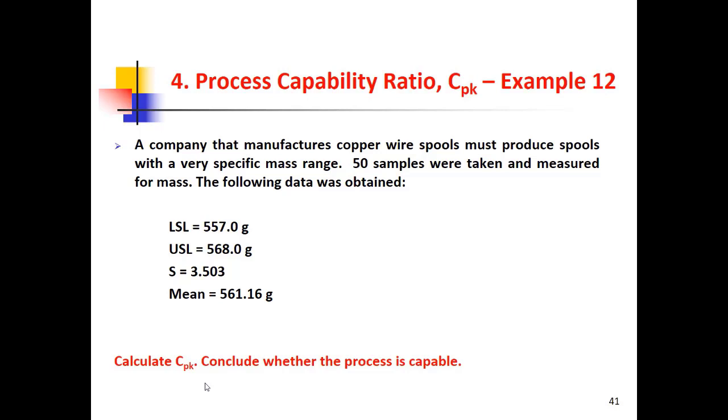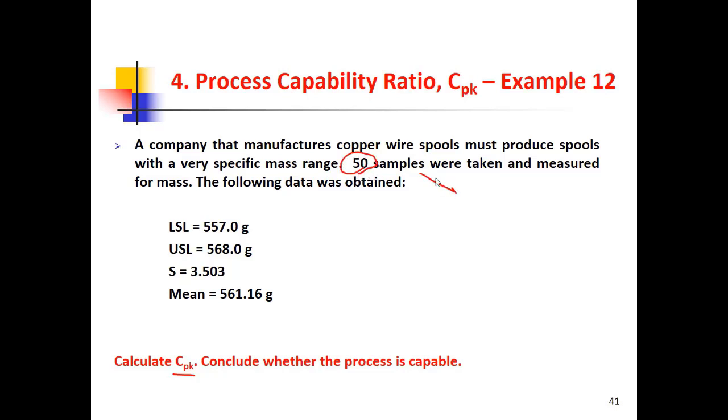What we are going to do now is some calculation for CPK. Example: a company that manufactures copper wire spools must produce spools with a very specific mass range. 50 samples, so we have a lot of samples.